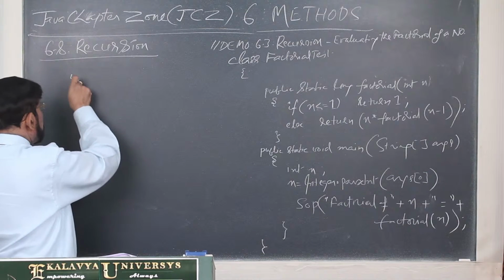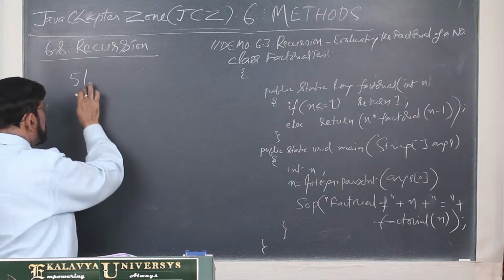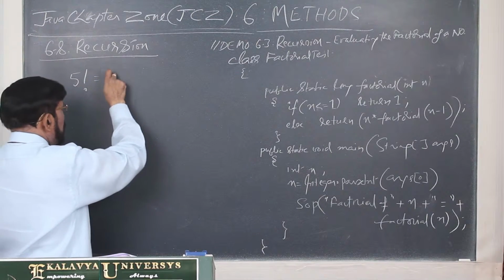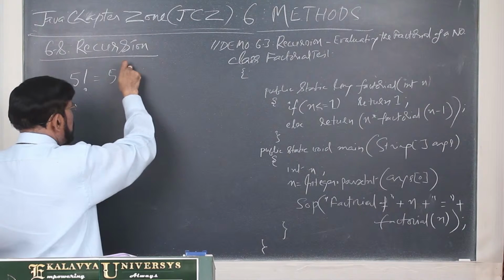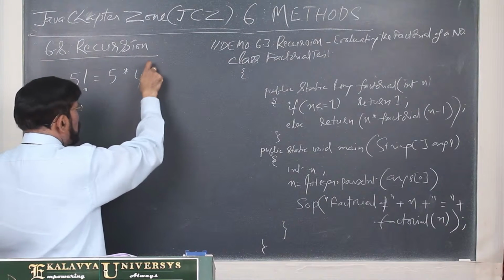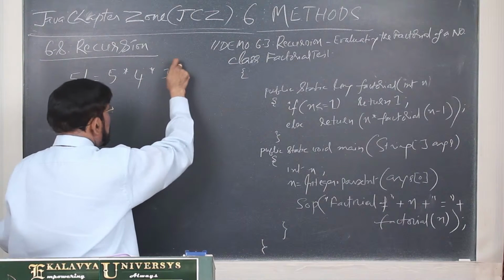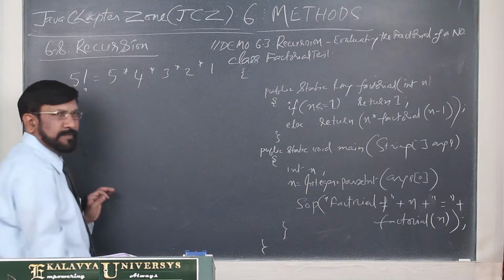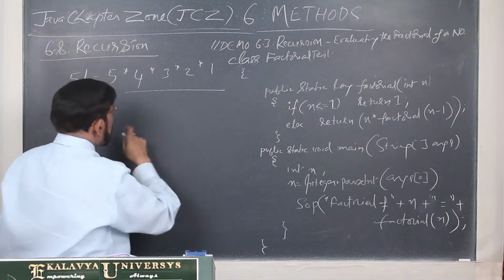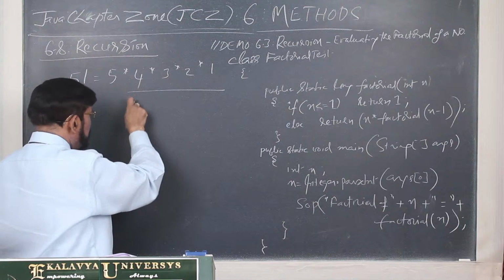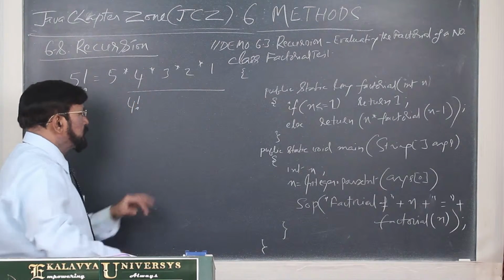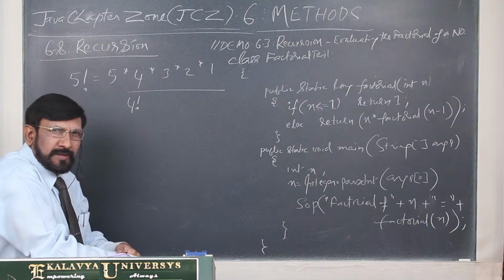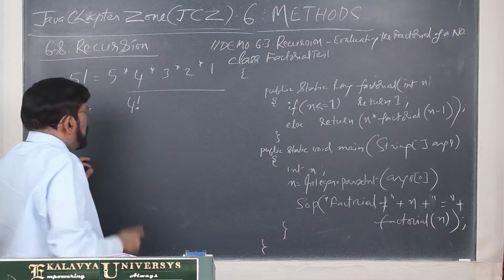Now let us see. This is factorial of 5. 5's factorial, how do we write? 5 into 4 into 3 into 2 into 1. Now, if I call this part 4's factorial, I think you don't have any objection.